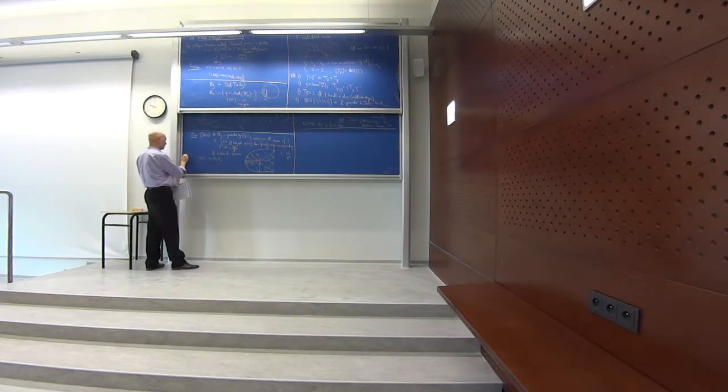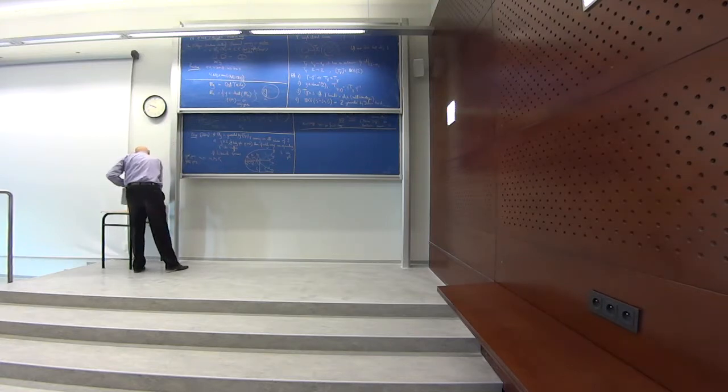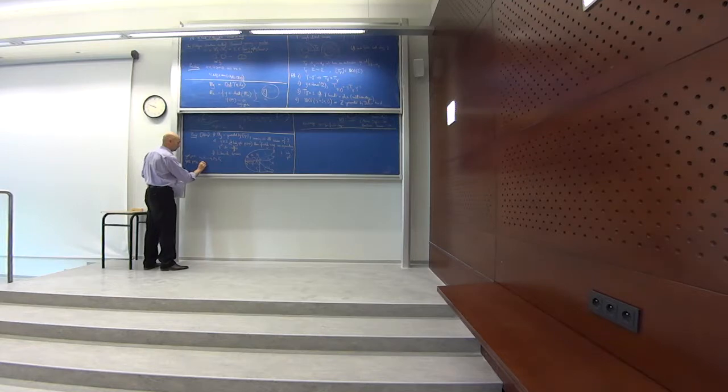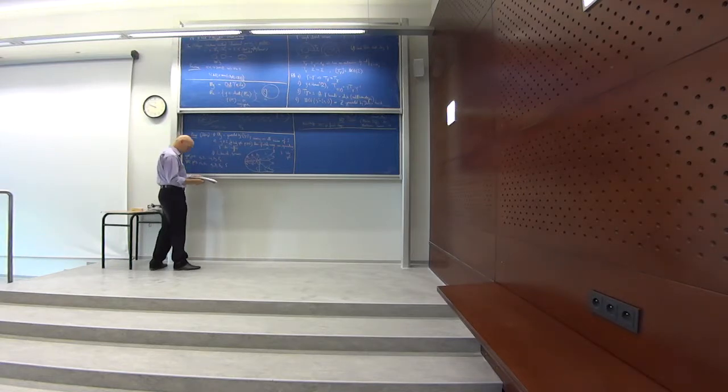So here g is at least 2, b equals 0, and if g is at least 2, b bigger or equal to 1, you have alpha 1, beta 1, up to alpha g, beta g, delta 1 up to delta b.